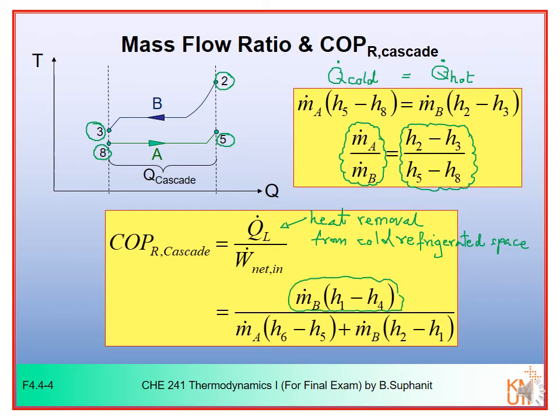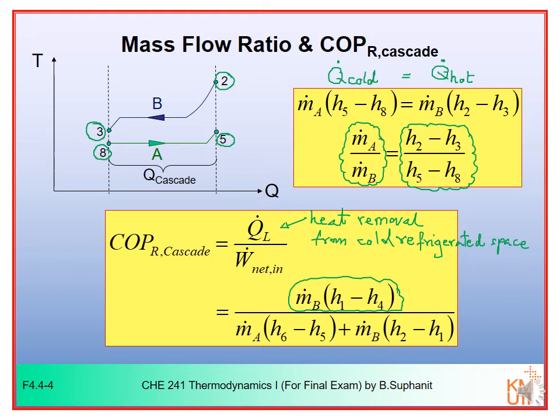So you can see that we use the equation in the rate form, the heat transfer rate and the work transfer rate, because the mass flow at any particular location are not the same. Divided by W net in.